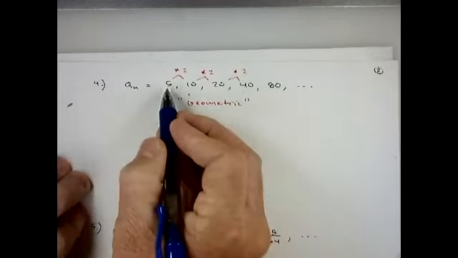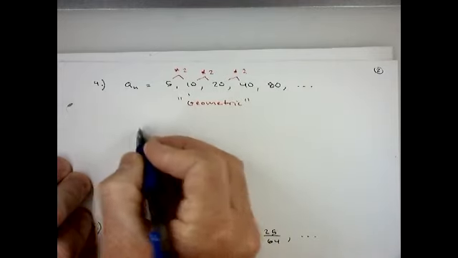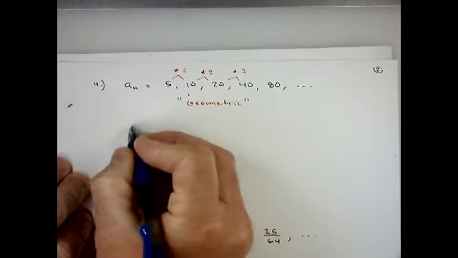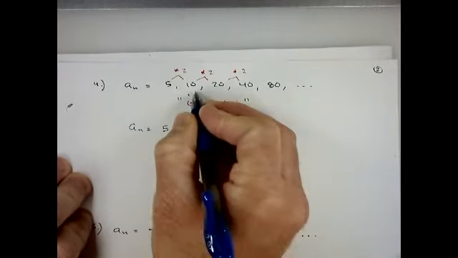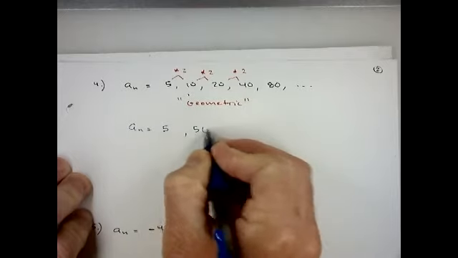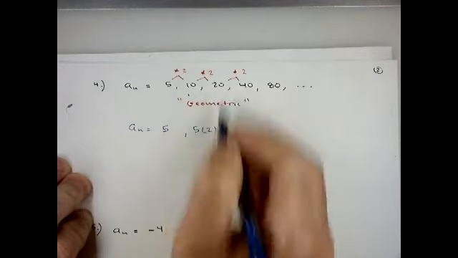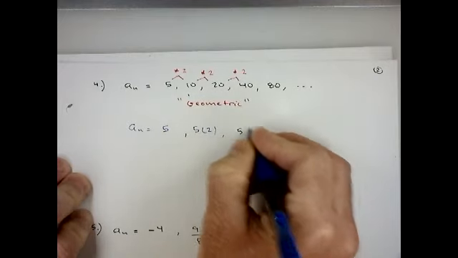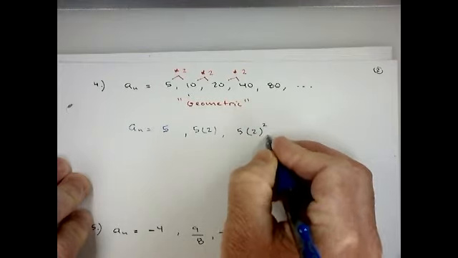I found the best way to find a formula for a geometric sequence is to rewrite these terms, okay? We've got 5. How do we get to the 10? We multiplied by 2, so it's 5 times 2. How do we get to 20 from there? We're just multiplying by 2 again, and that would be the same as 5 times 2 squared.